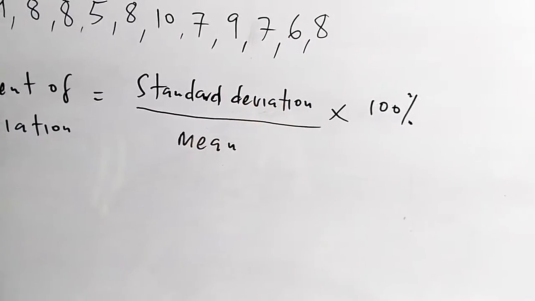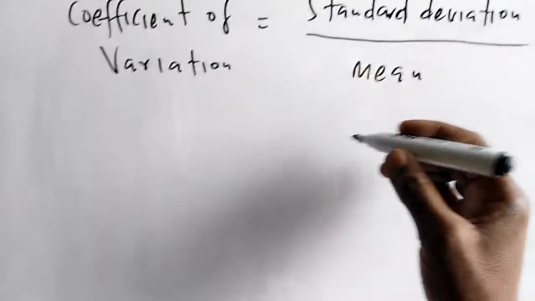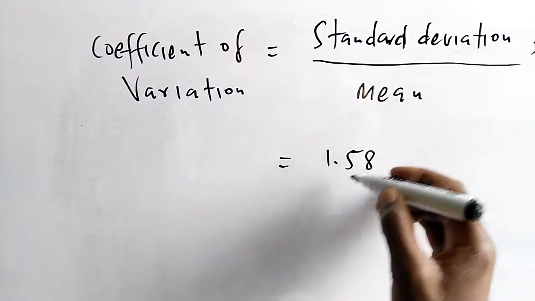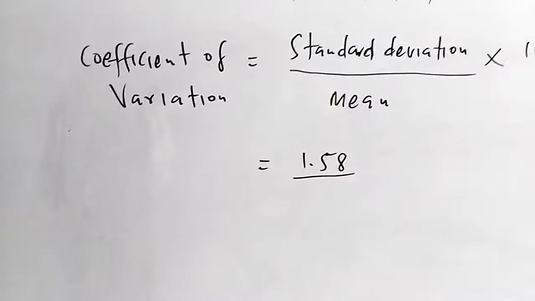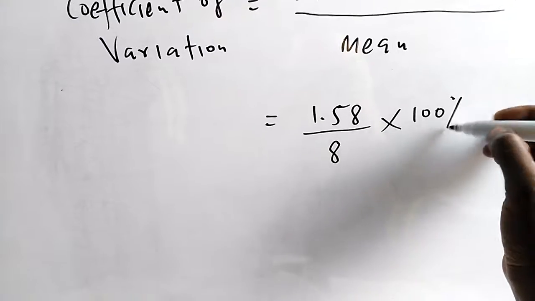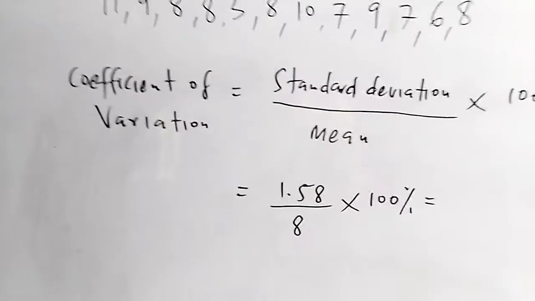So we got our standard deviation as 1.58. Remember, 1.58 divide by the mean. We got the mean as 8. That's when we can multiply by 100.